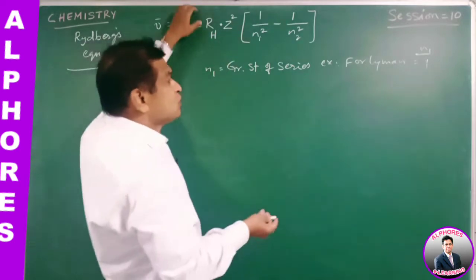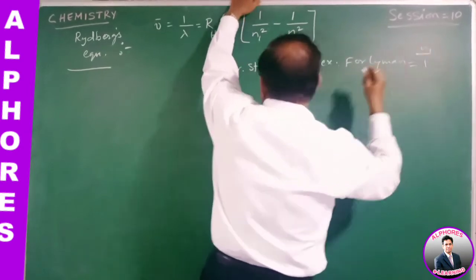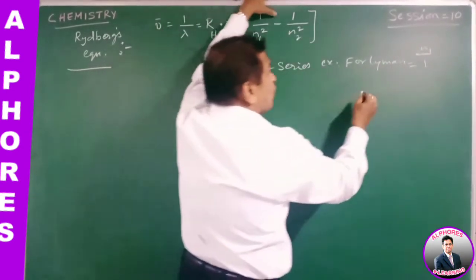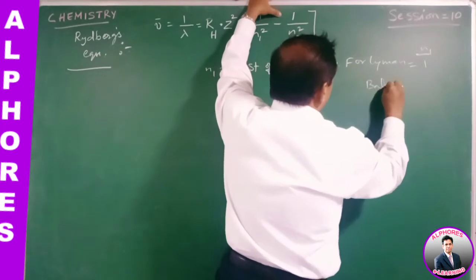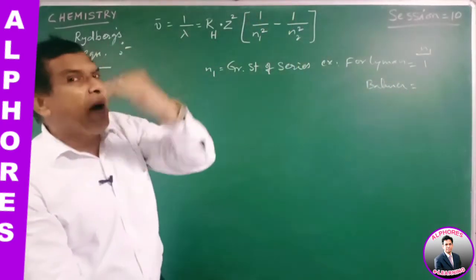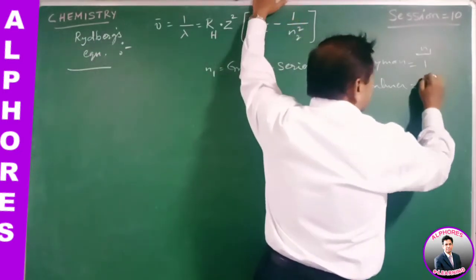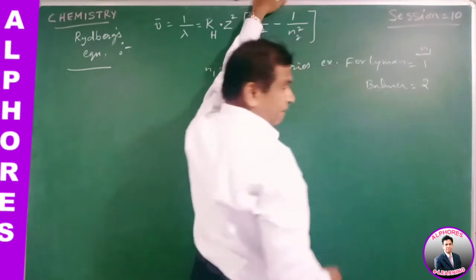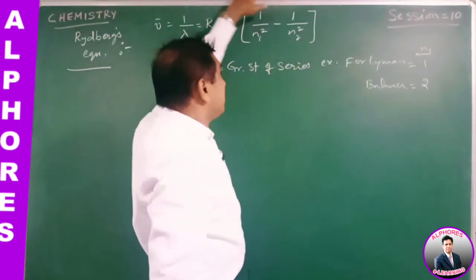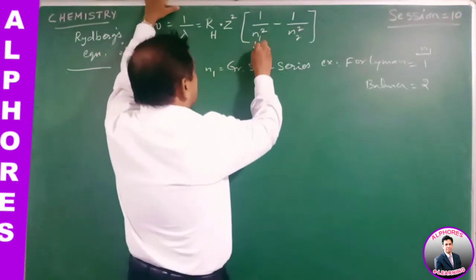That is why N1 is equal to 1 for the Lyman series. And for the Balmer series, the excited electrons fall back to the second energy level. Therefore, for the Balmer series, N1 is equal to 2. You should remember that point, because the N1 and N2 values show the ground state.